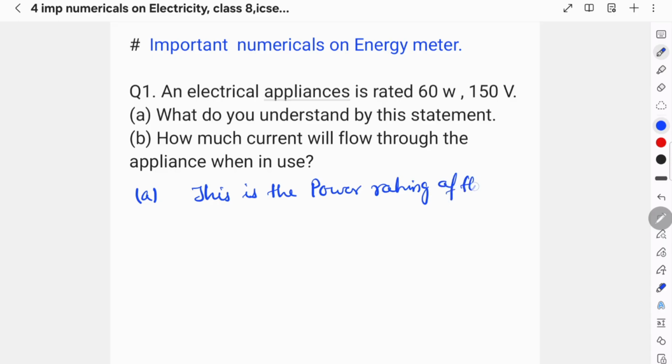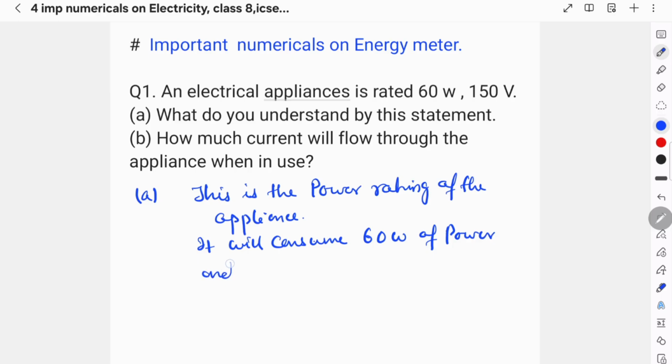That means it will consume 60 watt of power and it will operate on a 150 volt power supply.